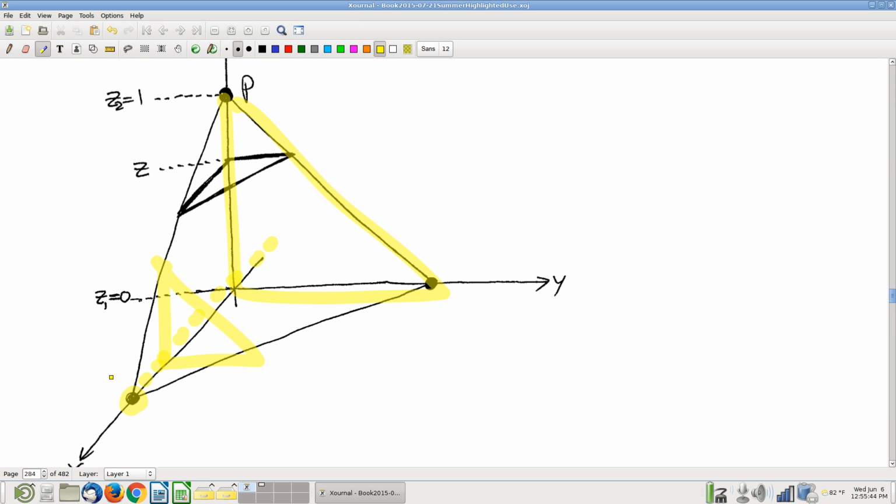That's not at all what we're interested in. We're only interested in the existing Z slice, and it's only on that Z slice that I want to know the range of values of X.